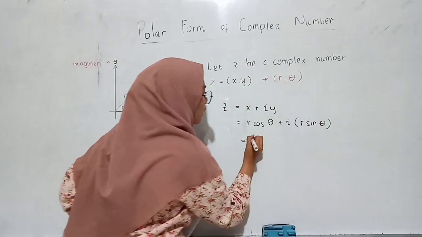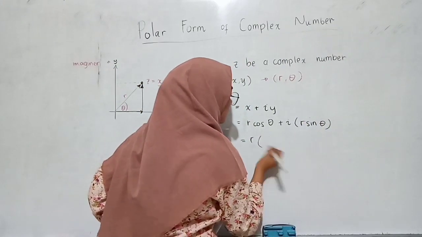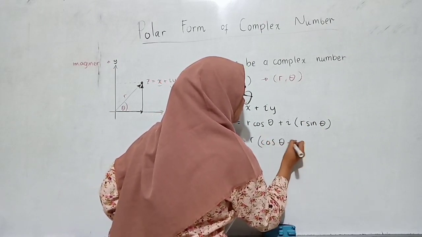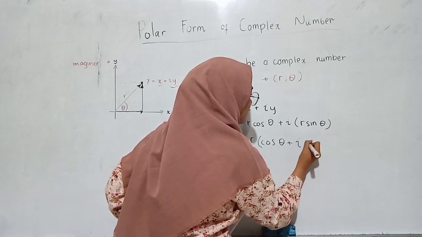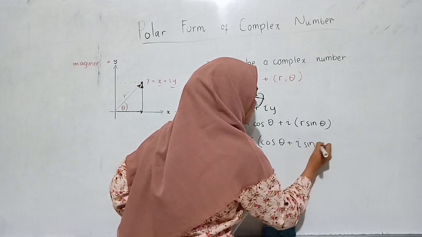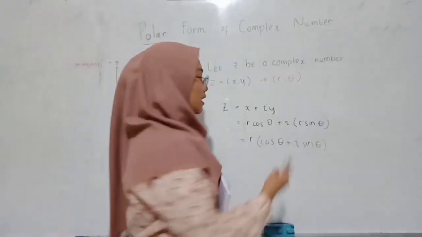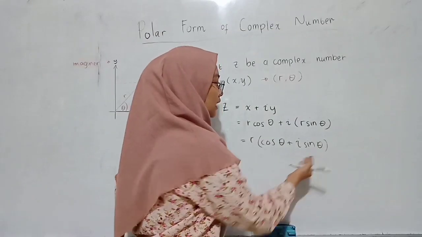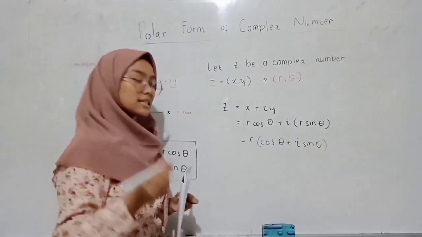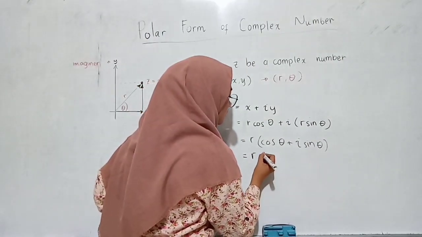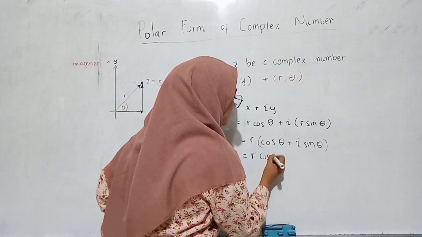So we get r in brackets, cos theta plus i sin theta. And cos theta plus i sin theta we can call cis theta.